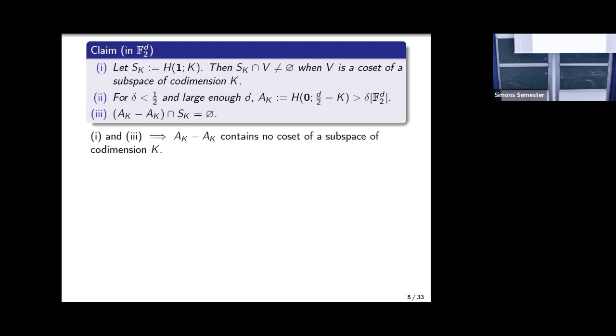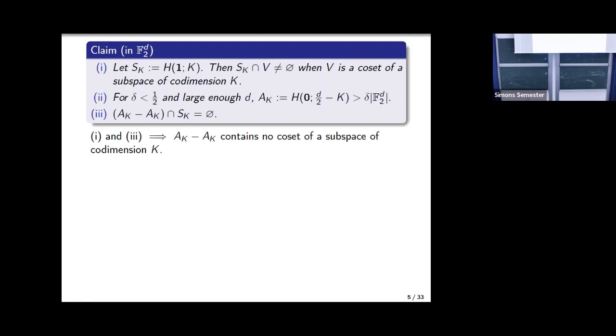The statements 2 and 3 I won't prove on the screen; I'll just say it verbally. If you think about what these Hamming balls are, this is all strings of zeros and ones with just under D over 2 many ones appearing in your string. So if you think of it in terms of coin flips, or binomial estimates, is probably the right way to look at this, the cardinality of this Hamming ball is going to be really close to 1/2 the ambient space.